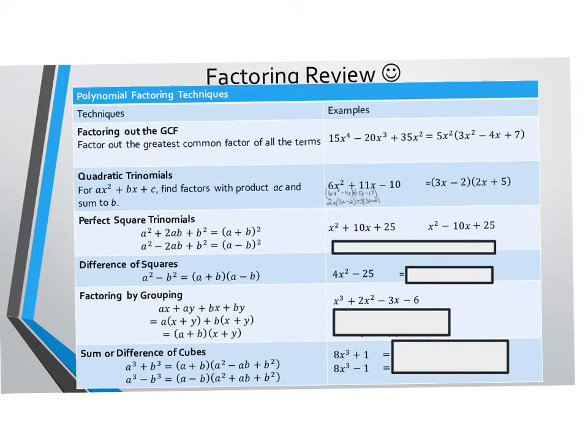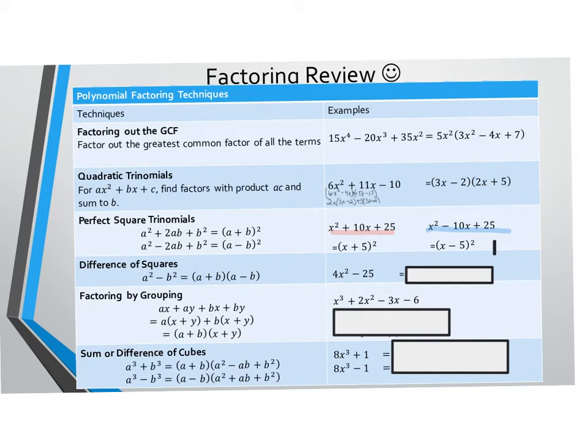Okay. If we look at perfect square trinomials, if we look at x squared plus 10x plus 25, notice that factors to x plus 5 quantity squared. And if we look at x squared minus 10x plus 25, that is going to factor to x minus 5 quantity squared.